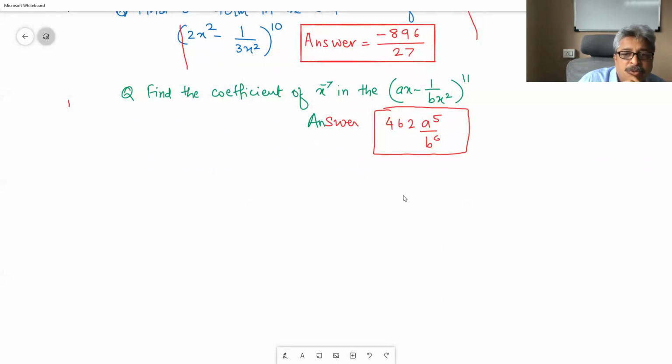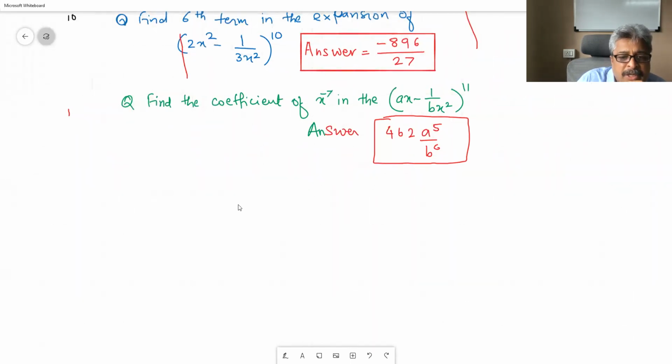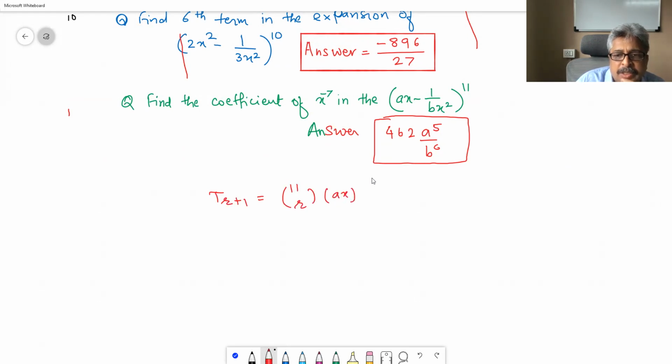Okay. How do you go about getting any general coefficient? Any binomial term T(r+1) will be 11 choose r into (ax) raised to 11 minus r into (minus 1 upon bx square) raised to r. So we have to first find out r because we want x raised to -7.